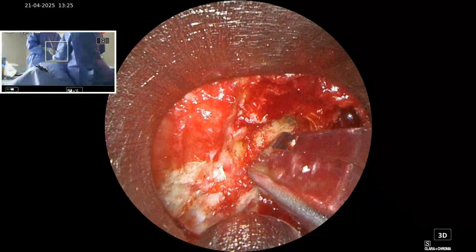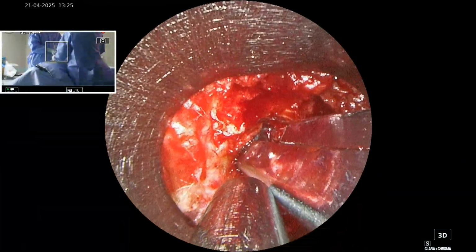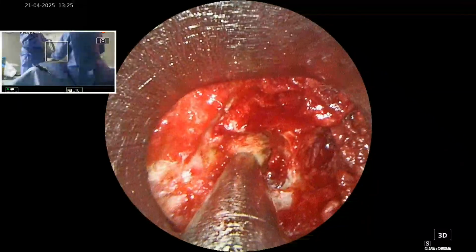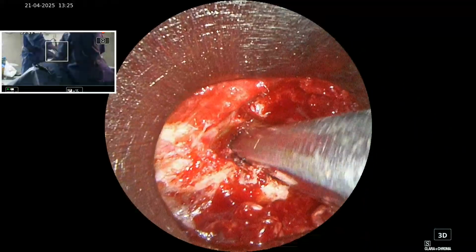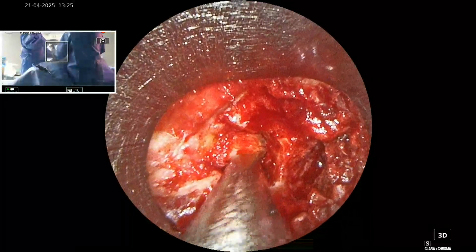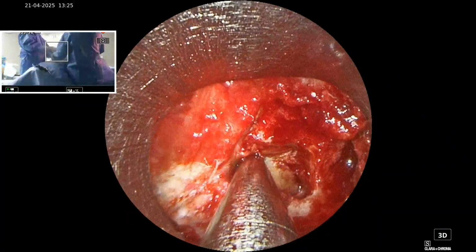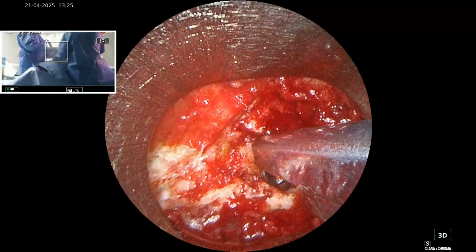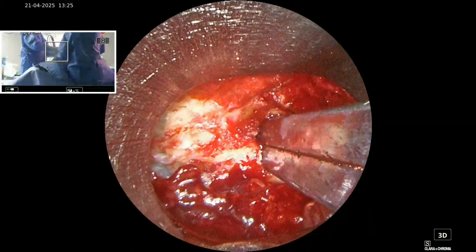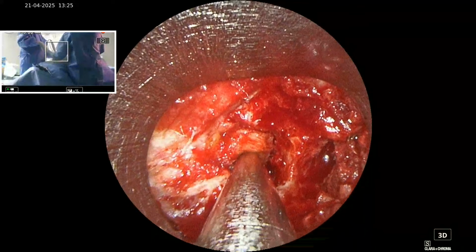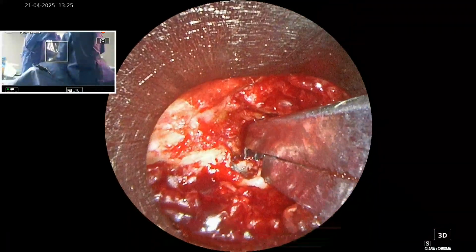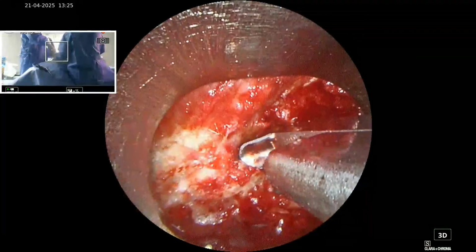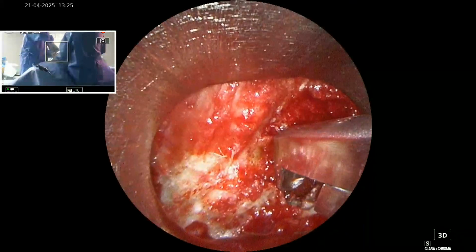Now the ligamentum flavum is detaching cranially. Cranially it is from the superior lamina. Now we are going laterally to the lateral aspect of the lamina, medial aspect of the lamina, and this is the SAP, the superior articular process of the inferior vertebra.